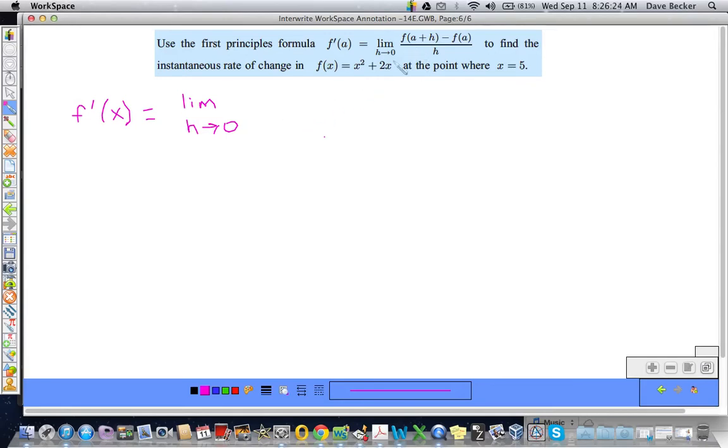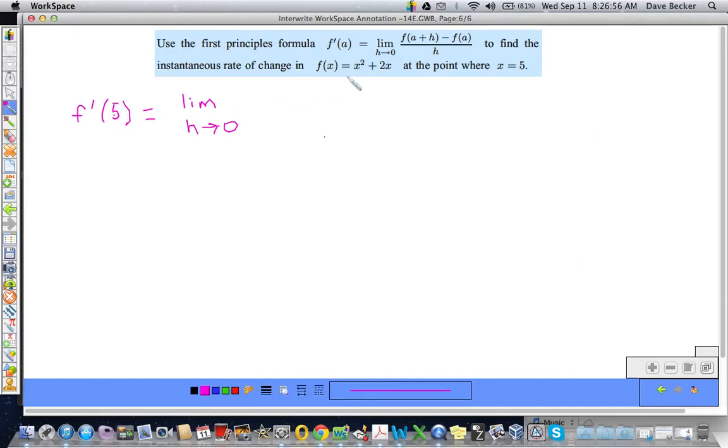f of a plus h. My function, my f of x, is x squared plus 2x. Basic rules of function: if I'm taking the function of a plus h, wherever I see x, I'm replacing it with a plus h. But in this case, my a is equal to 5, so I am going to change this to f prime of 5.